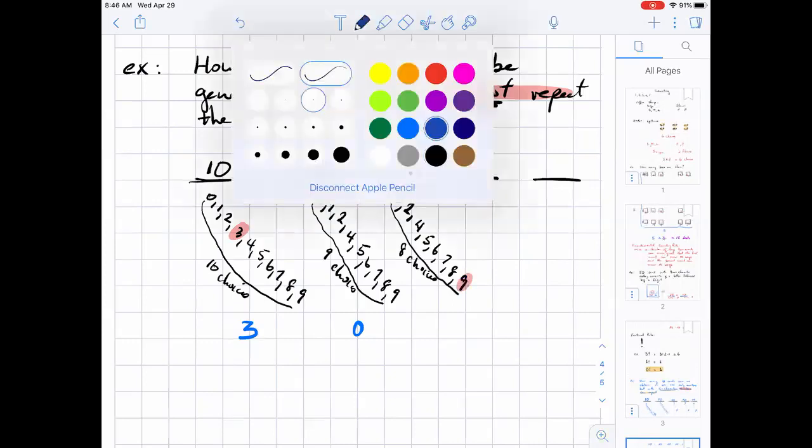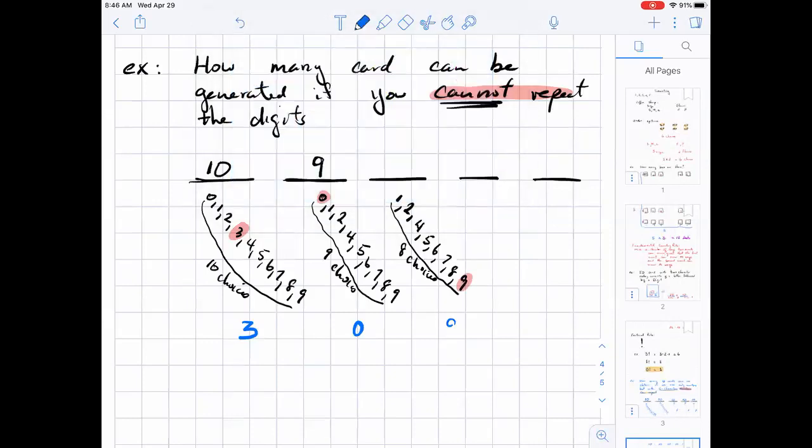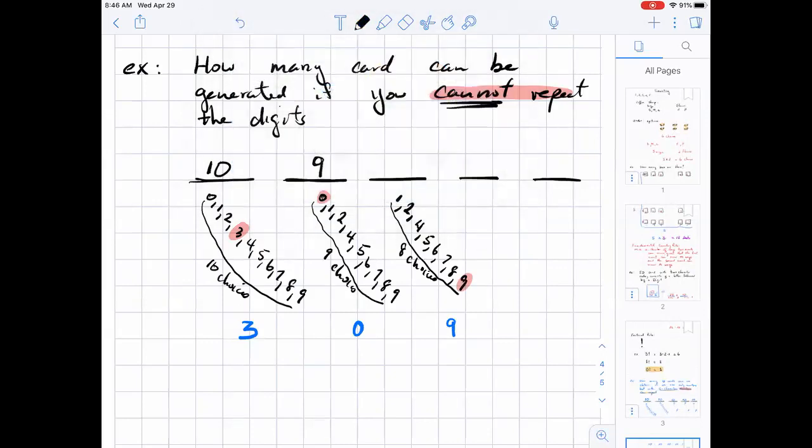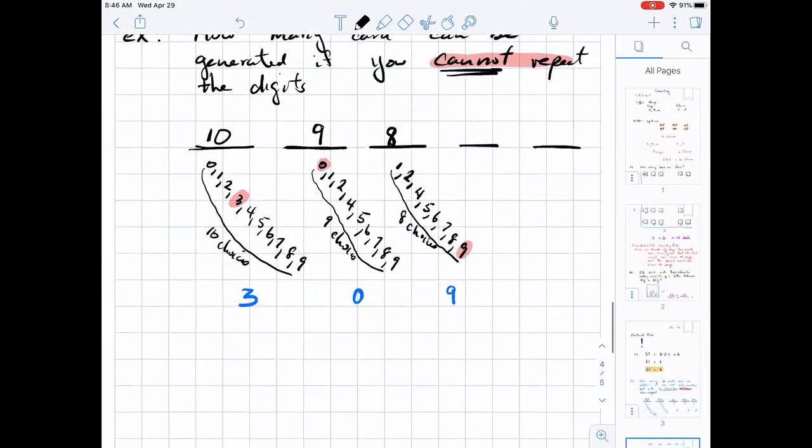But here we have only 8 choices left. So every time we choose a number, the next time around, the number of choices decreases by 1. And that's where we have this part here, cannot repeat. Meaning there's nowhere in this code that if you use 3 the first time around, 3 can appear here, here, here, or here, because we've already picked 3.